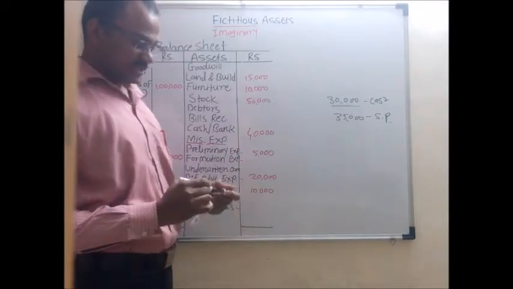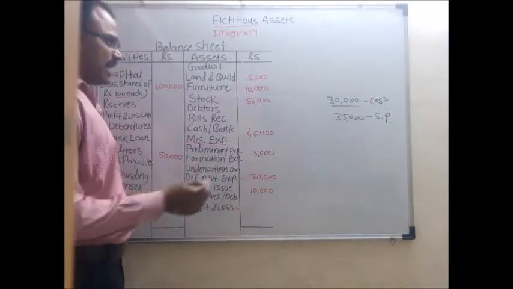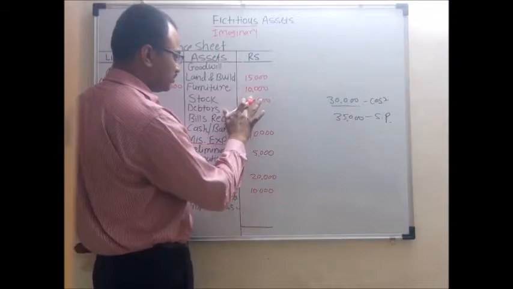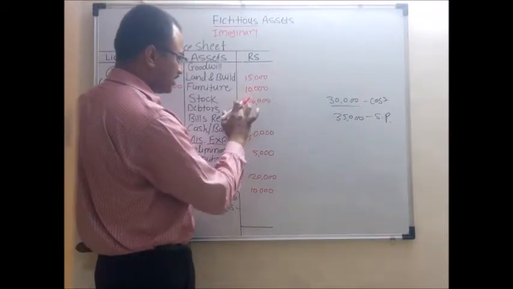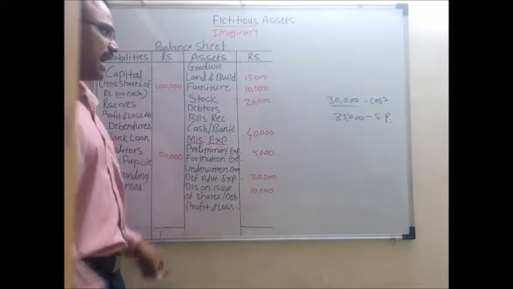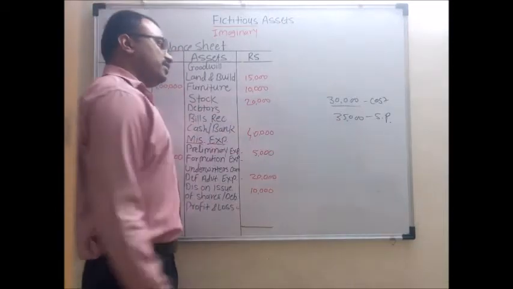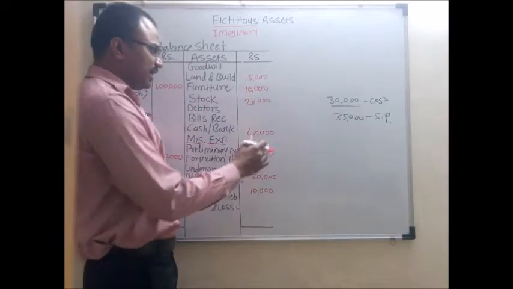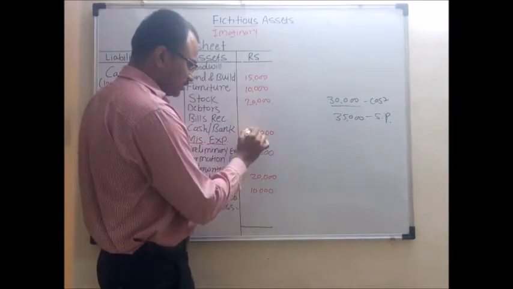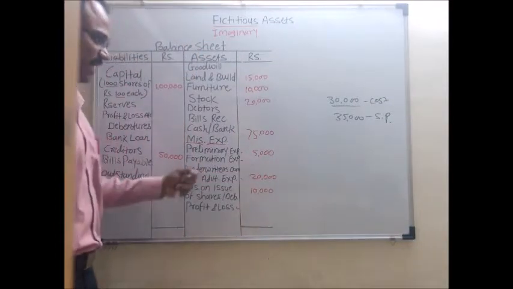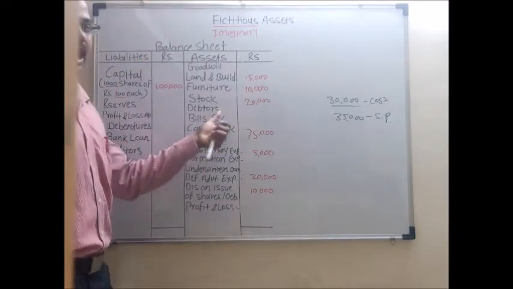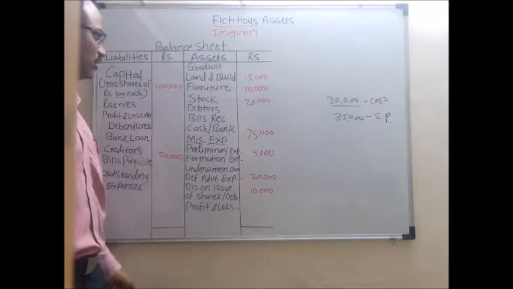If this transaction took place, the balance sheet will appear like this. Stock of 30,000 is decreasing, therefore stock of 20,000 will remain with the business, and if we sold the whole stock for cash, then cash will increase by rupees 30,000 and the balance of cash account will be 75,000. And if you observe here, the amount of assets will be more than the amount of liabilities.